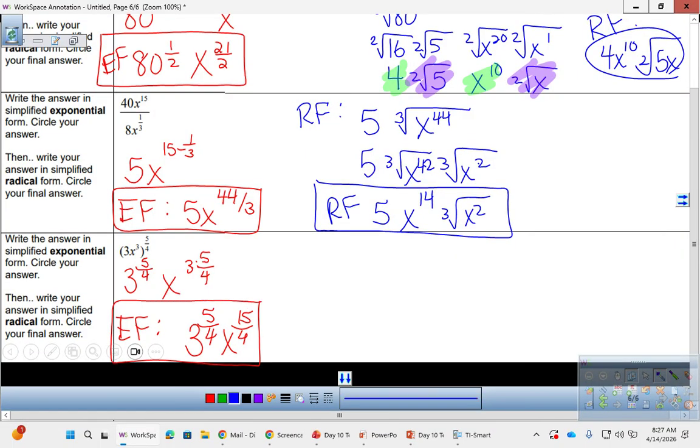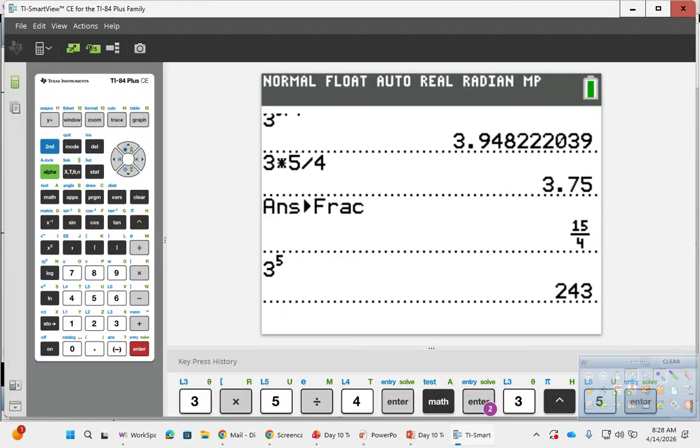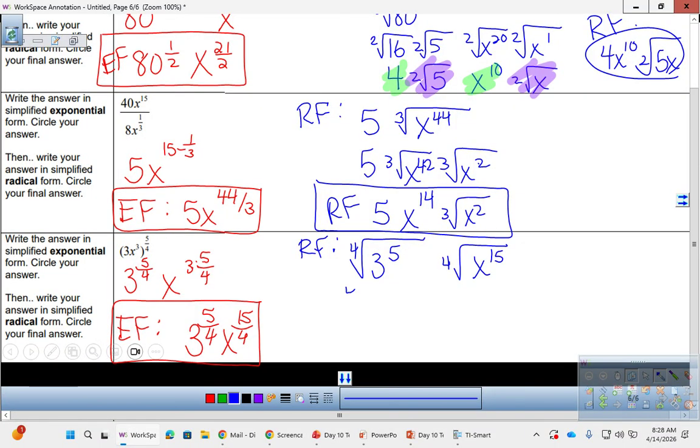And because we've got fractions, we can do radicals. This one's going to have 2 radicals, one for the x and one for the number in front. All right, 3 to the 5th power is 243. When I math 5 that, I'm getting a decimal.